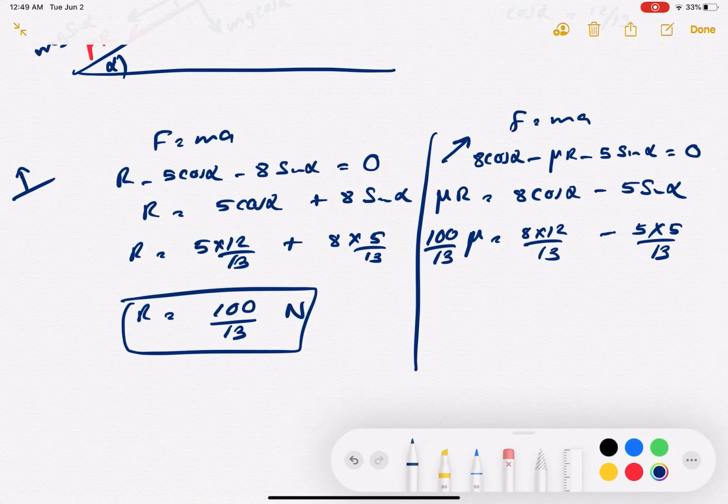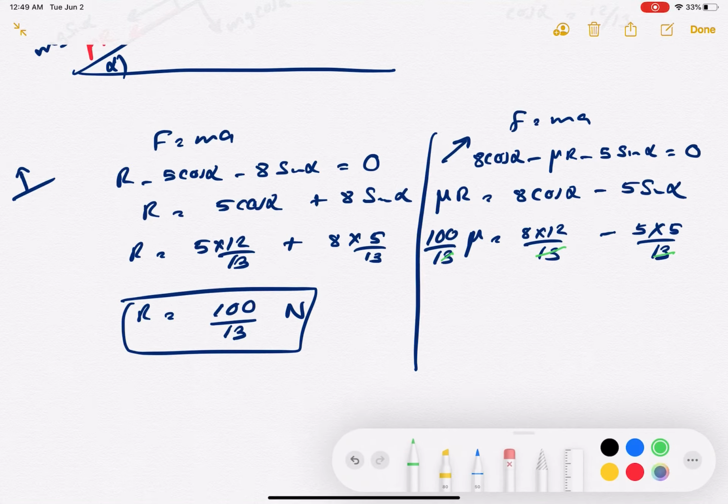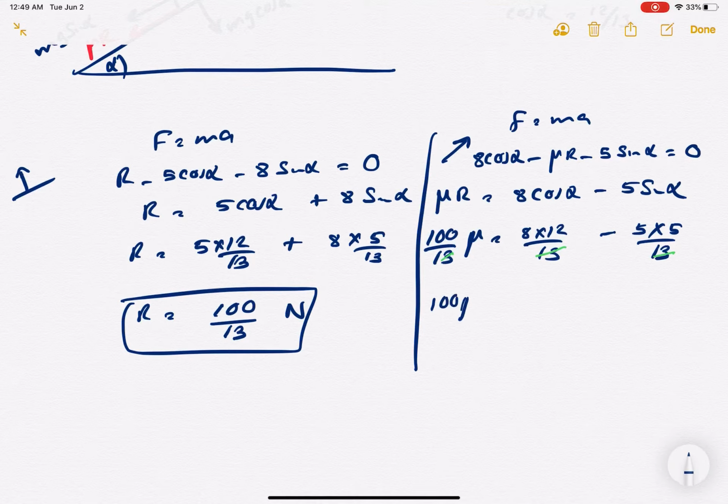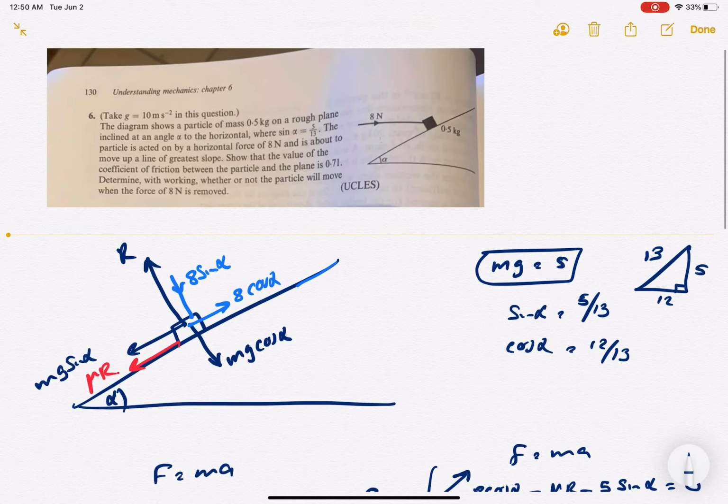Basically the 13s will cancel off, and then you get 100 mu is equal to 96 minus 25. So 100 mu is equal to 71. So this means mu is 0.71. That is the first part of the question, where we needed to show that mu is 0.71.